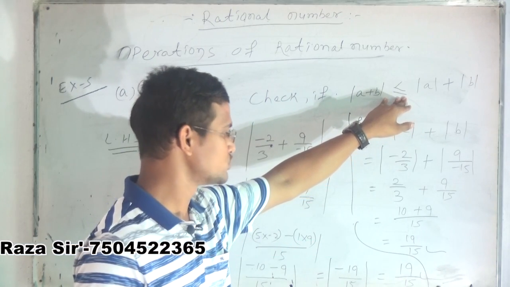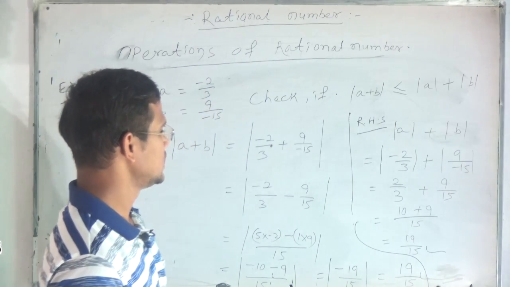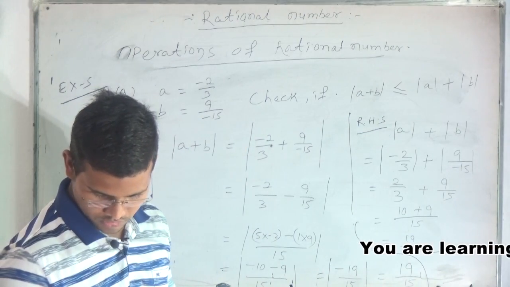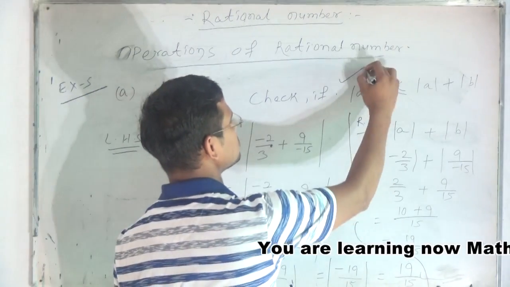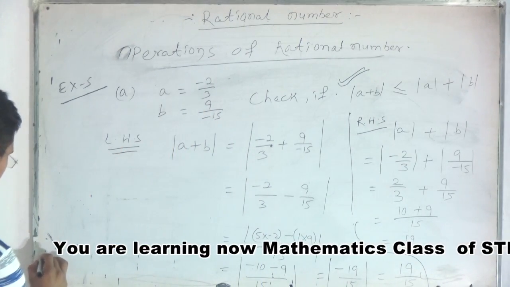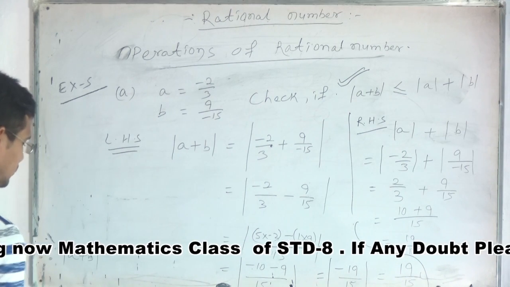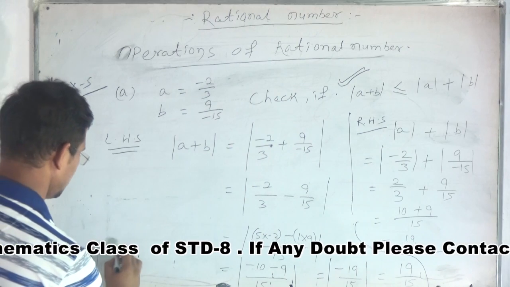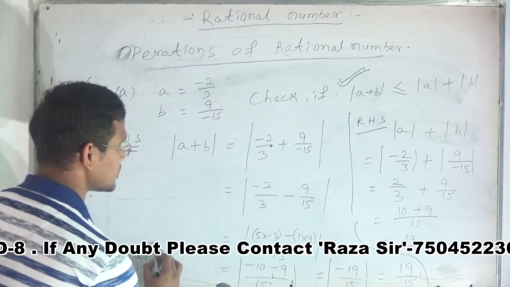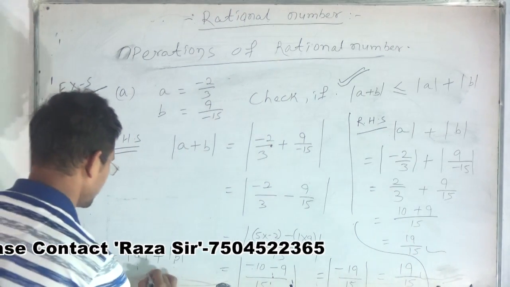Also we proved that here LHS is equal to RHS. That means this is true. Okay, this is true. You write the last thing: the absolute value of a plus b is equal to the absolute value of a plus the absolute value of b. Okay, proved.